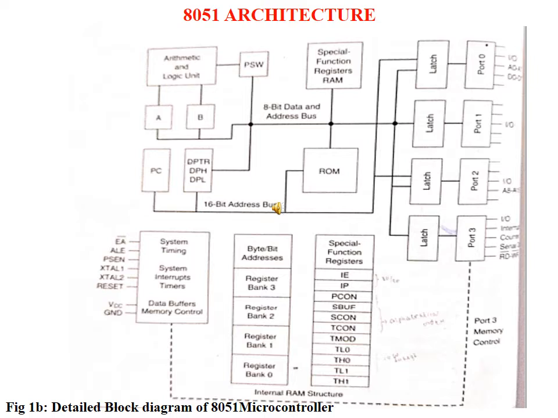Next we have register A and register B. The 8051 microcontroller consists of 34 general purpose registers. Out of the 34 general purpose registers, 32 are available in the register banks.